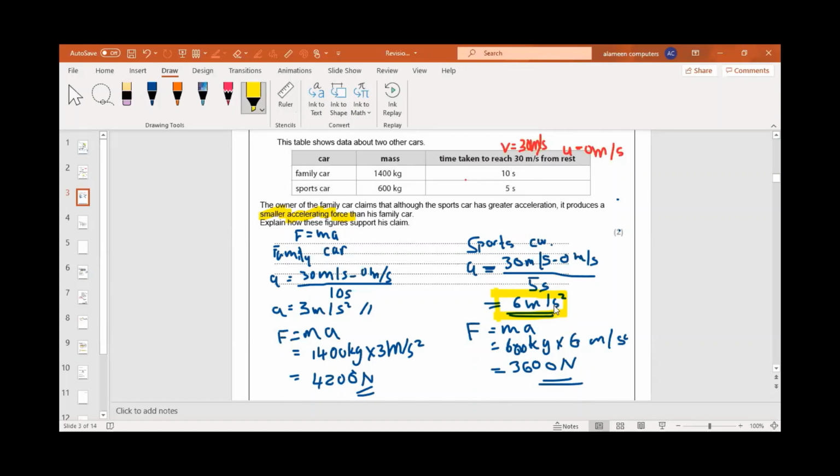Its acceleration is double this value. Even though it has a greater acceleration, it produces a smaller accelerating force. So that's correct. Its accelerating force is 3,600 newtons compared to 4,200. So therefore the claim is valid.